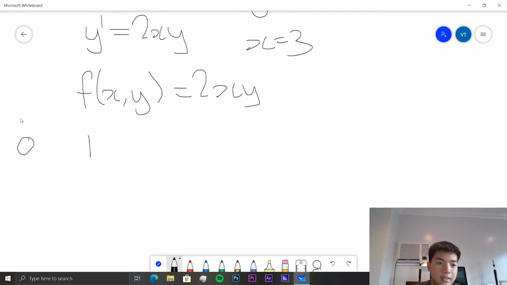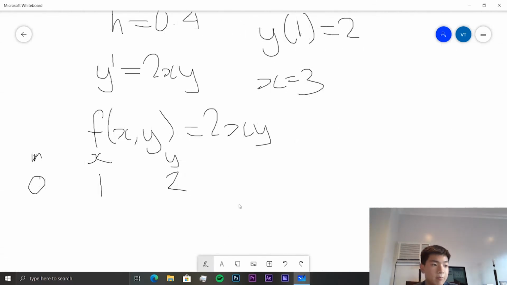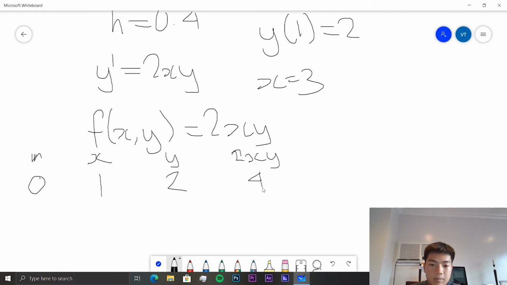Let's put the number of steps, x, and y. We're given that y is equal to 2. And we need to get the value of 2xy, which is equal to 2 times 1 times 2, so this is 4.